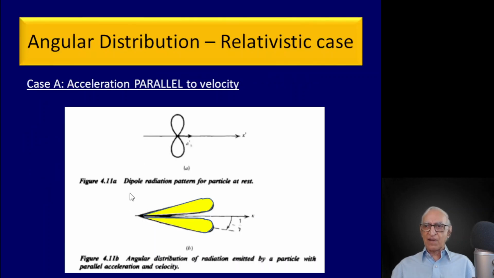The angular pattern of a non-relativistic particle accelerating in that direction is given by this dipole pattern, which can be rotated in this direction, and you get a donut with a hole in the middle, a picture that I showed you. Now, because of special relativistic aberration, this radiation pattern becomes this radiation pattern.